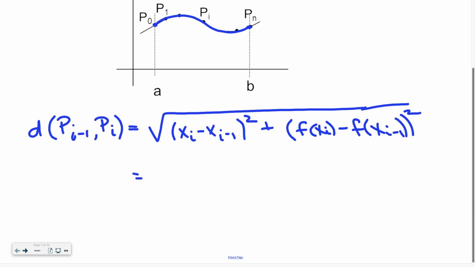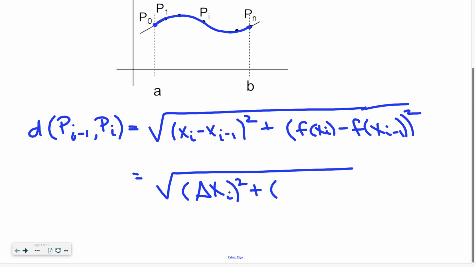Now, could I describe this as a change in x? So basically we have change in x squared plus, I'm going to call it, change in y squared.